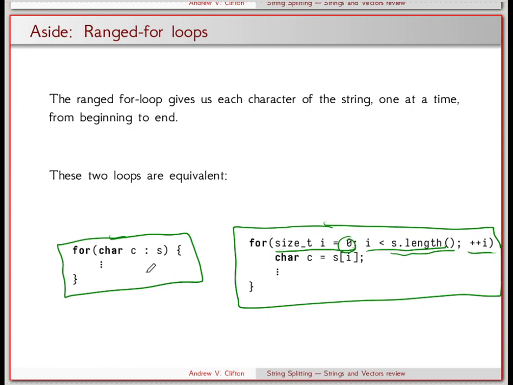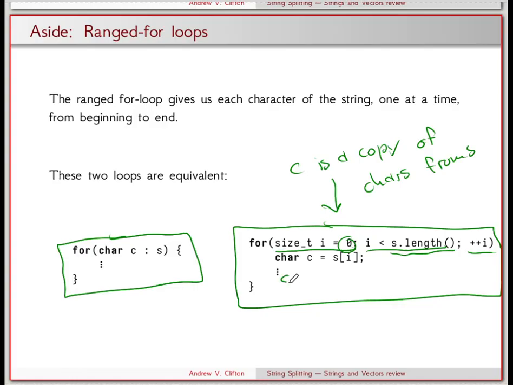One other thing to notice is that in this loop, the character c, the loop variable, is a copy of the characters from the string, which only makes a difference if you tried to modify the characters.